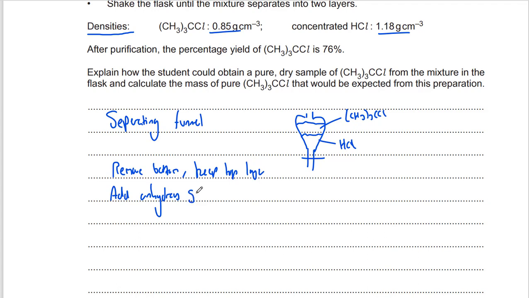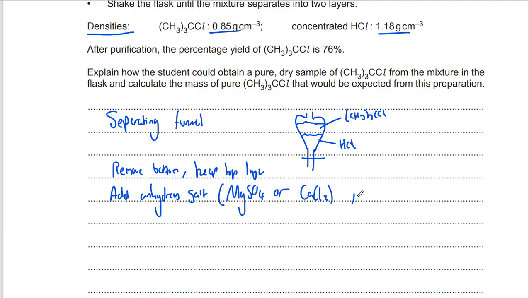Oops, I spelled salt wrong, that's terrible, guys. You need to think of a name of an anhydrous salt. Remember one of them, and you won't need to remember any more. There's 2 that we use typically. Magnesium sulfate is one, or calcium chloride. Remember one of them and use that all the time. So add your anhydrous salt to remove water.